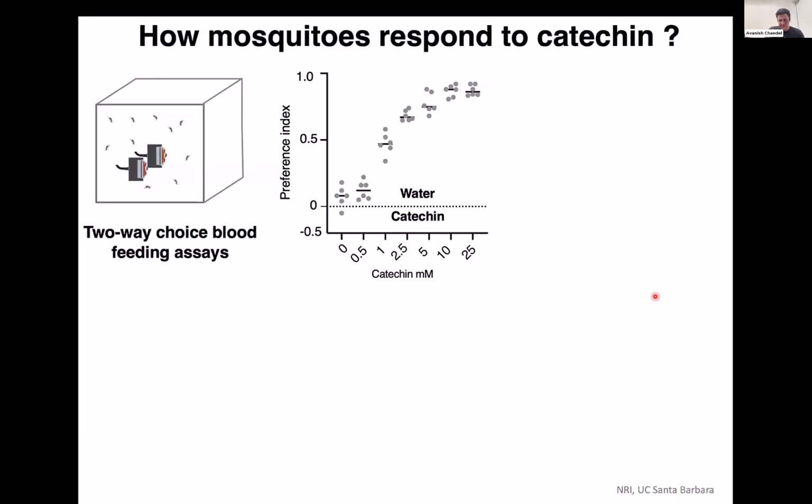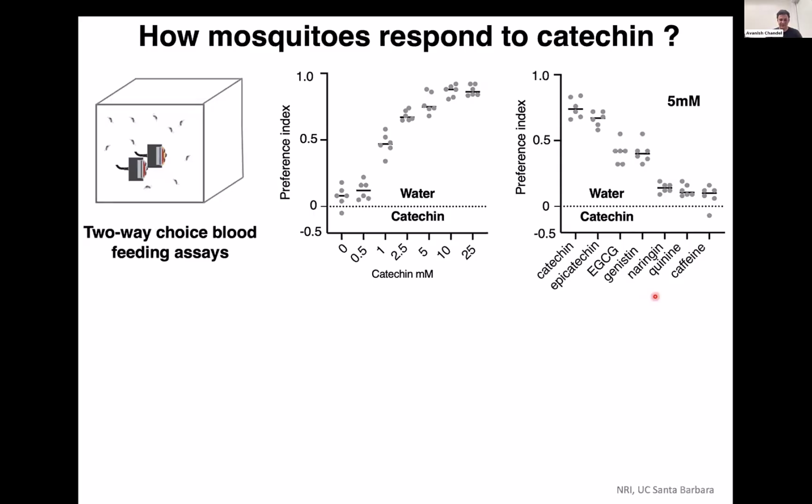While it may seem like, okay, this is a bitter chemical, so mosquitoes are avoiding bitter chemicals, so what's interesting about it? So we tested other bitter chemicals, which are known bitter chemicals, not only for humans but also for flies, and we tested them in a similar assay.